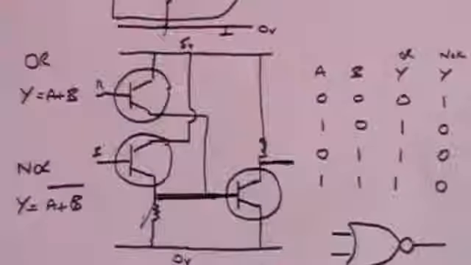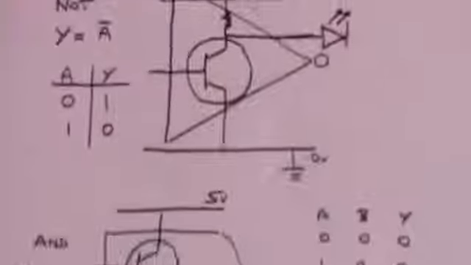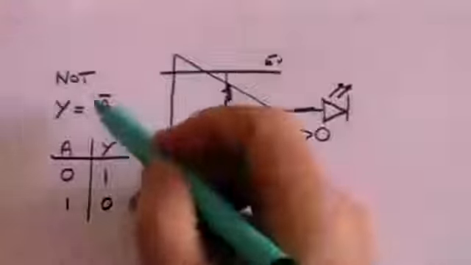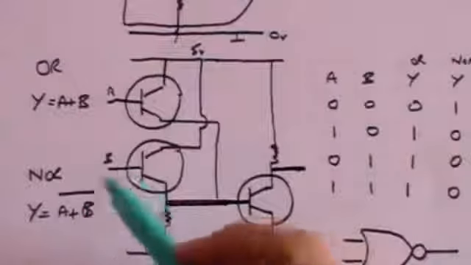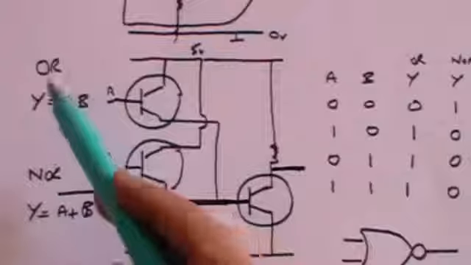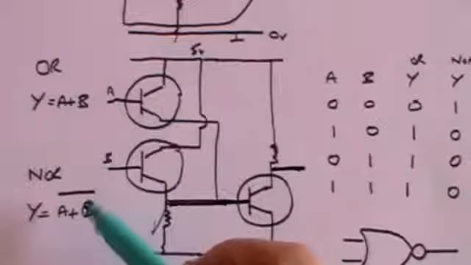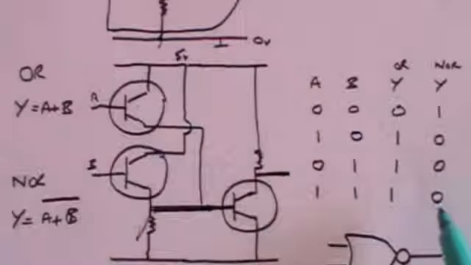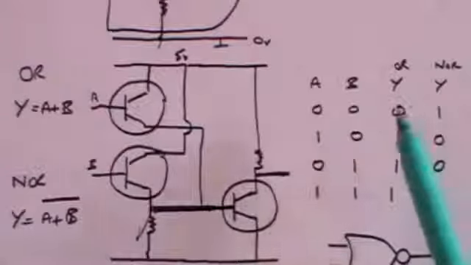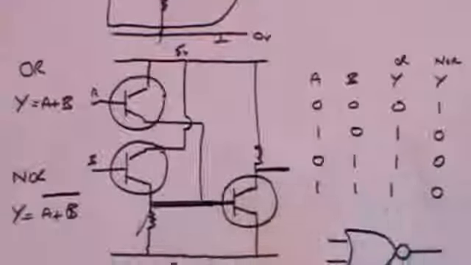Remember that a line over the top, in the same way as we did with the NOT gate, I said meant that there's a NOT element to it. So here we've got a NOT OR. This is not an OR gate, it's the opposite of an OR gate, giving us the exact opposite output to what you would get from an OR gate.